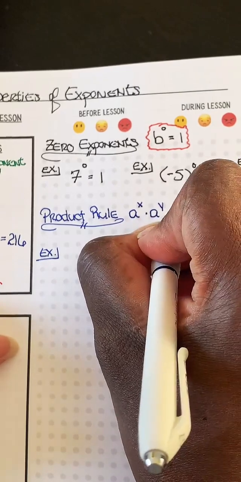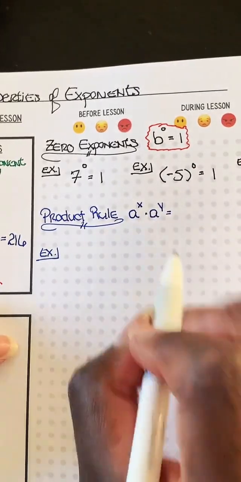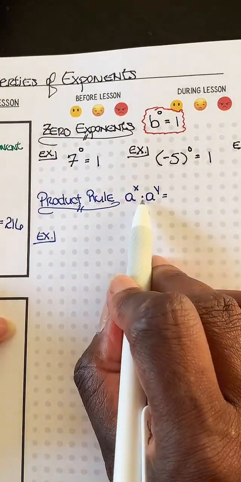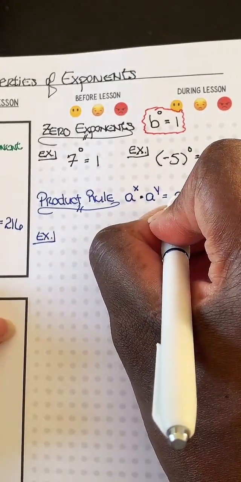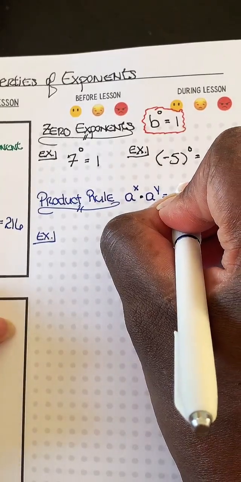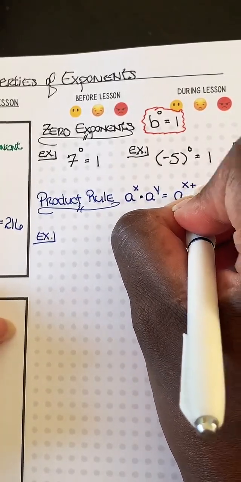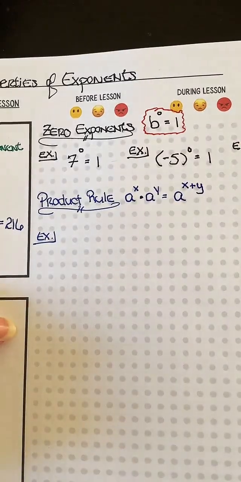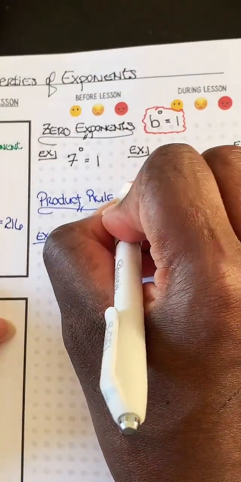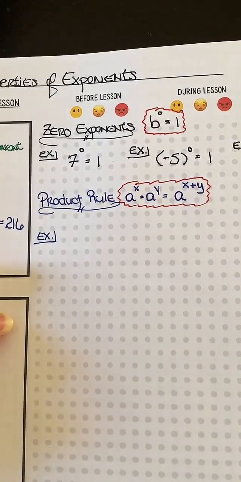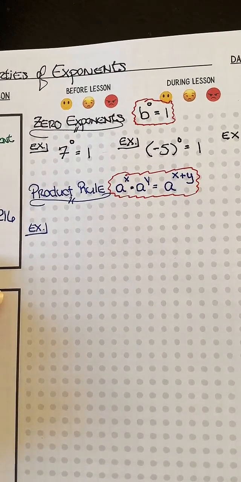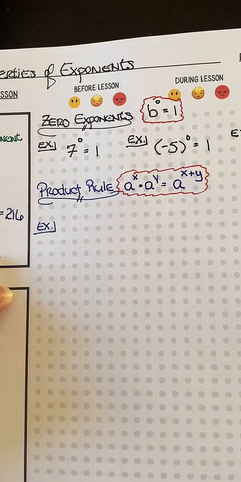When they have the same base, and I'm multiplying, hence product, I keep my base, but I add my exponents. Okay, so the key thing is they have to have the same base before I can do anything.